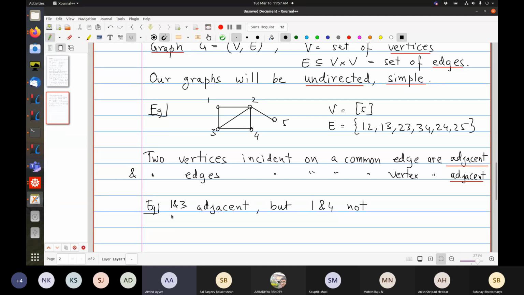And similarly, edges 2 3 and 3 4 are adjacent, but 1 3 and 2 4 are not. So this is vertex adjacency and edge adjacency.